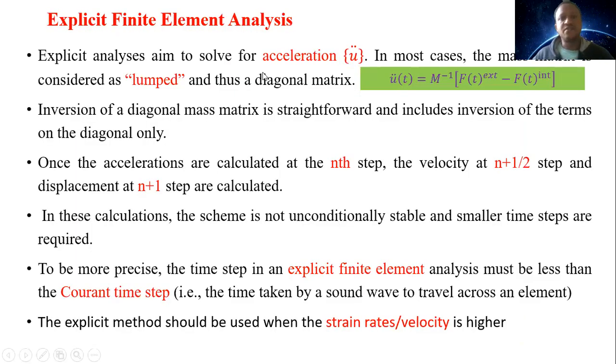Explicit finite element analysis is also another important method. Explicit analysis aims to solve for acceleration, u dot dot. In most cases, explicit analysis considers lumped mass, so the mass matrix is a diagonal lumped mass matrix. Inversion of a diagonal mass matrix is straightforward, and it includes inversion of terms on the diagonal only.